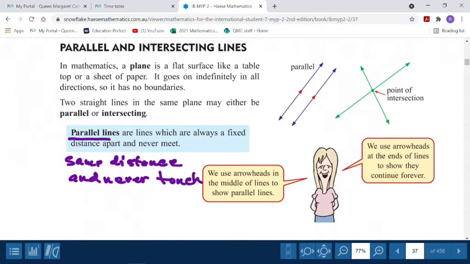So they have to be maintaining the same distance apart all the time. Otherwise, if one of them slanted just slightly, somewhere in infinity, they would touch. But if they're exactly the same distance apart all the time, they will never touch, no matter how far you drew the line out. So, same distance, and they never touch.